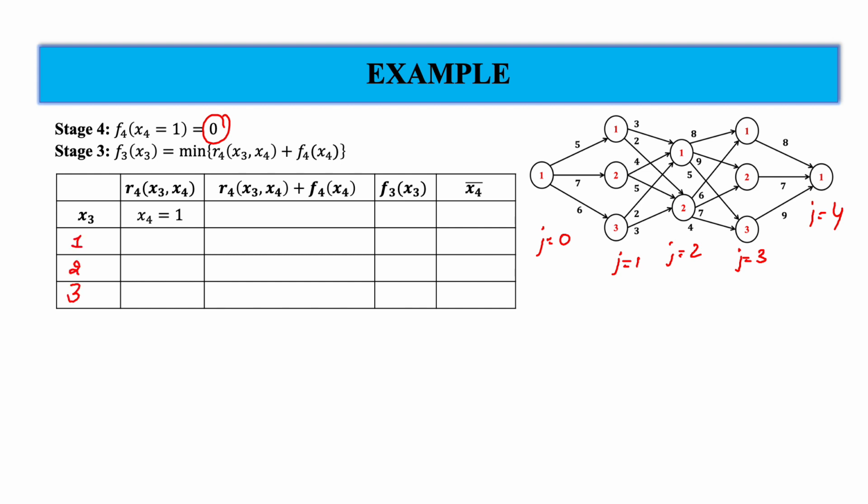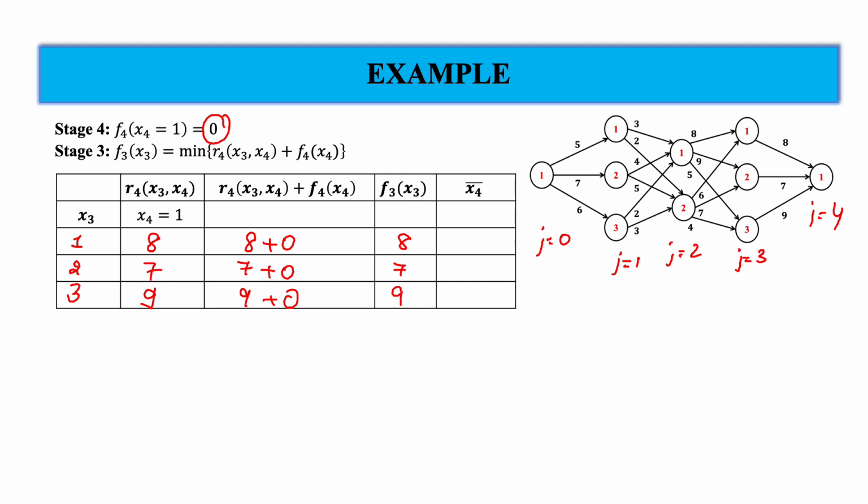For x4 we are having 1 state, so it's 1. Now we will find the arc length. From 1 to 1 it's 8, from 2 to 1 it's 7, from 3 to 1 it's 9. These are my arc lengths. Now we will add f4 x4 equals 1, that is 0. By adding we are getting 8 7 9.